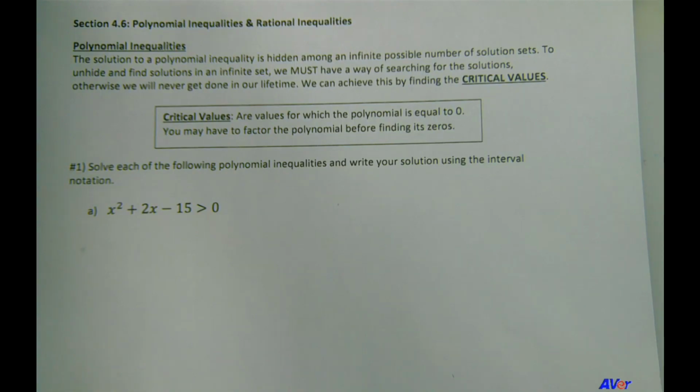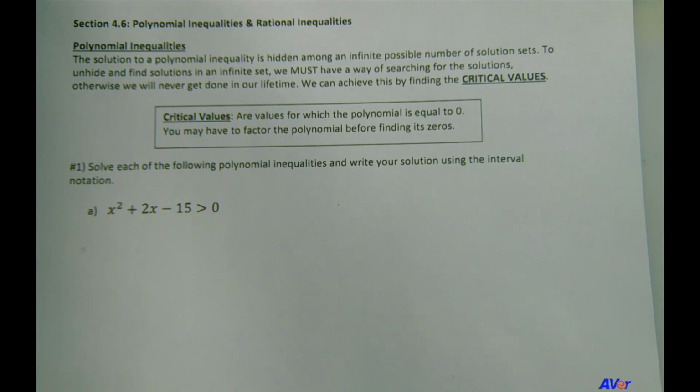But there are points where they are equal to 0. So we're going to be looking for those values where the polynomial might be 0. With respect to rational inequalities, we're going to have points at which the rational inequality is equal to 0, and we're going to find points where the rational inequality is undefined. So we're going to look for those two kinds of numbers for rational inequalities.